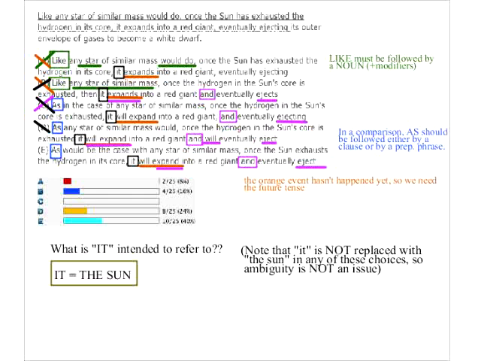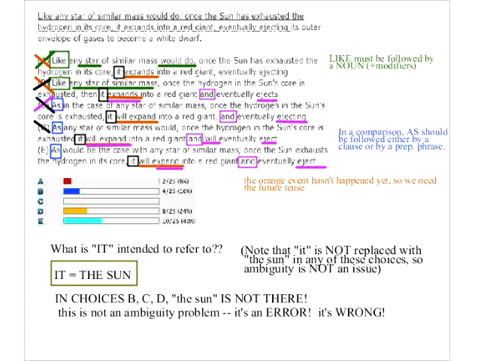In choices B, C, and D, the sun is not there. Okay, this is not an ambiguity problem. It's an error. It's wrong.